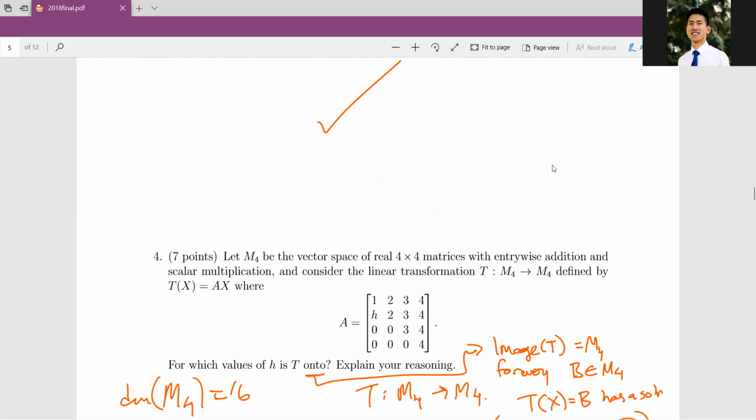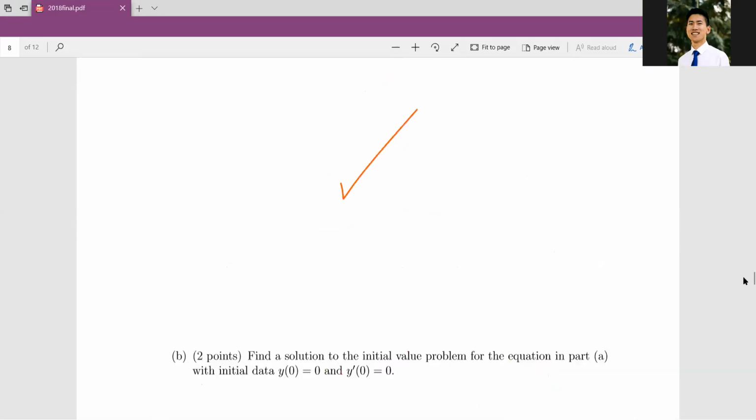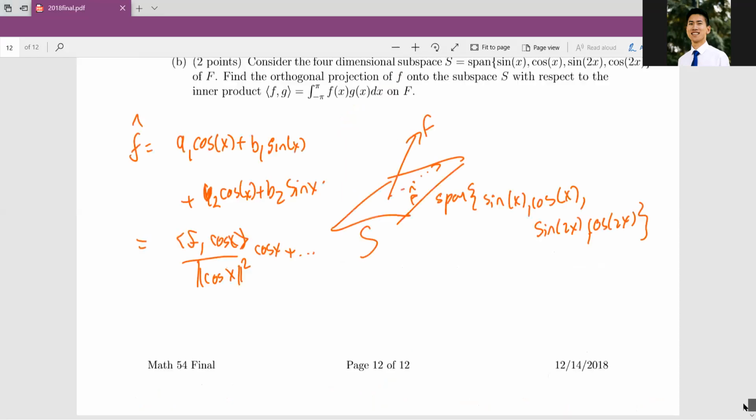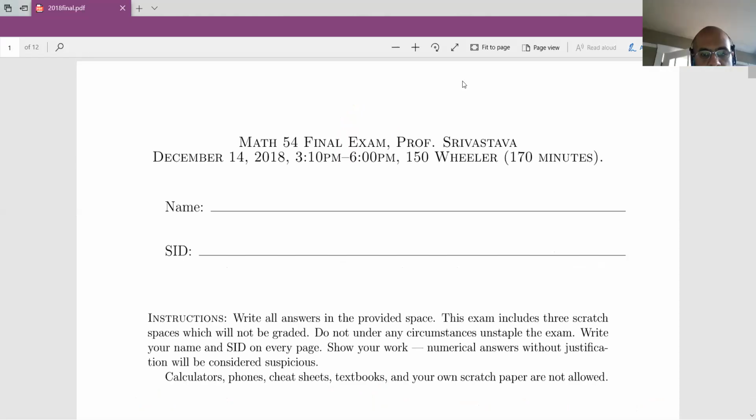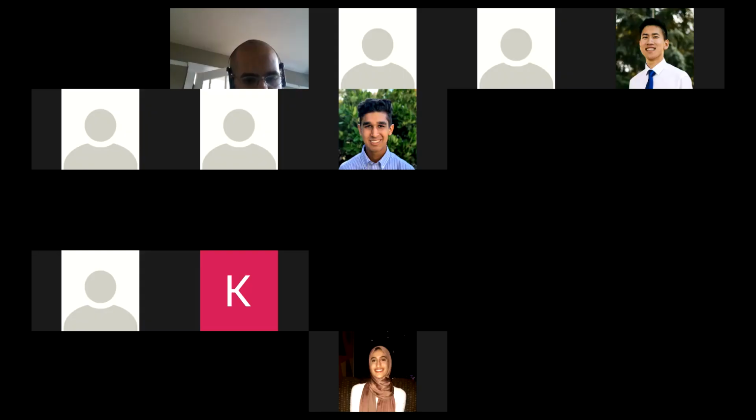It's not related to this exam, but I was just wondering if you could show how the column space of A perp is equal to the null space of A transpose. Okay, yeah, let me do that on a whiteboard. So your question is, why is the column space of A perp equal to the null space of A transpose?